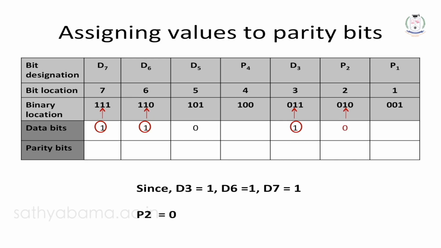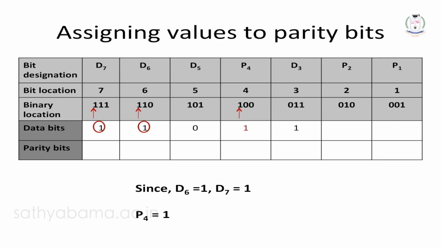Moving on to P2, I will have to look at the second bit position of 1. So P2 requires us to look at the data bits D3, D6 and D7. The values of D3, D6 and D7 all seem to be 1 here, which means a count of 3, an odd number already. So I am required to give the parity bit P2 as 0 in order to maintain odd parity.